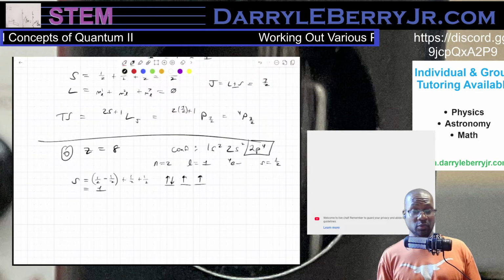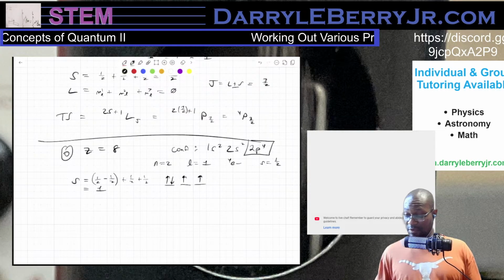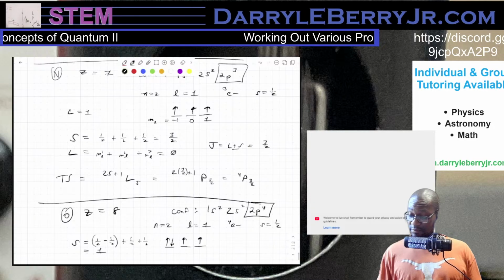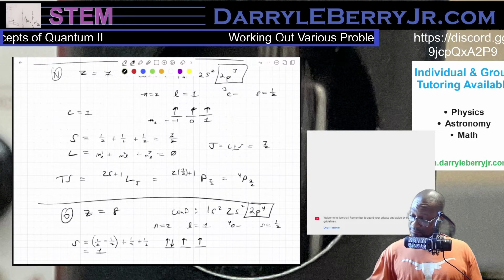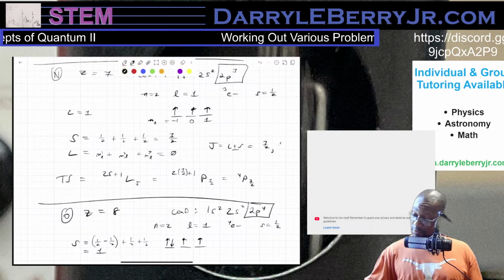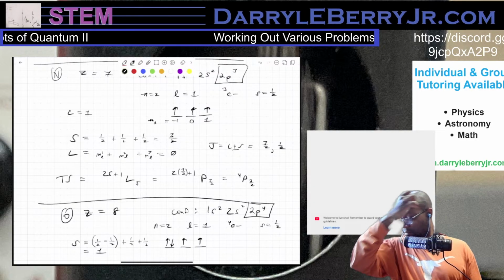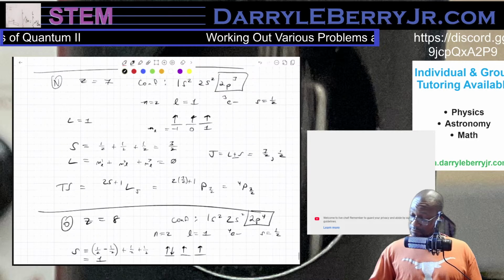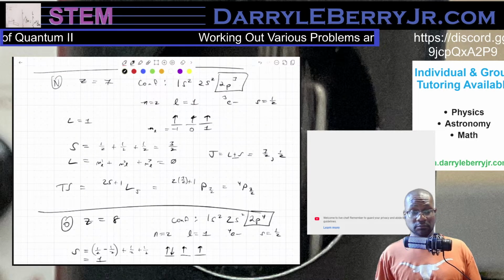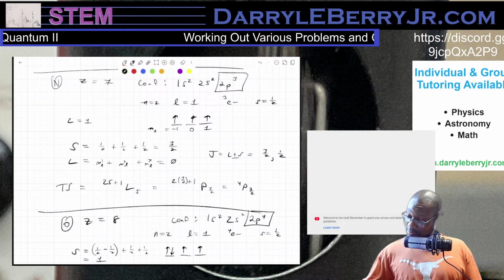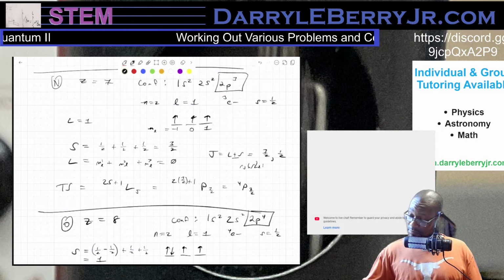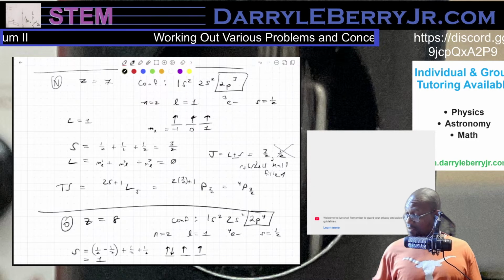The subshell is more than half filled. Oh, so here, J equals 3 over 2 or 1 over 2. Subshell half filled. I guess when it's half filled, it favors the big one.